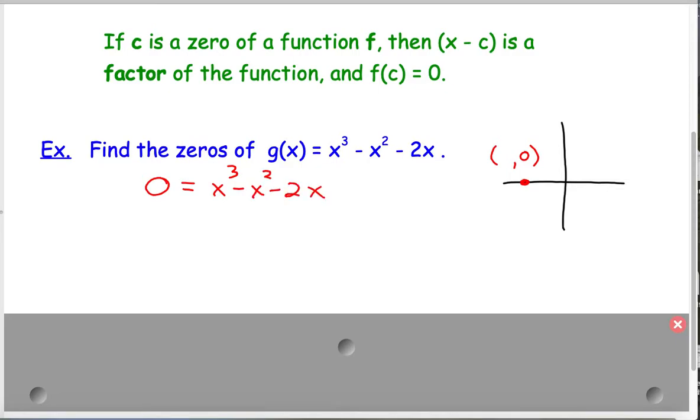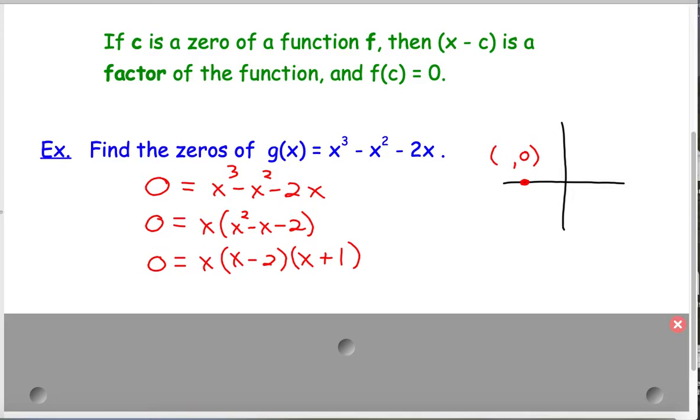Now, one of the techniques we used with quadratics was we would factor if possible. So what can I do here? Well, I can factor an x out of every term. So this would become x times (x squared minus x minus 2). And now I have a quadratic, and we know how to factor those into two binomials, x, x, and then multiplies to negative 2, adds to negative 1.